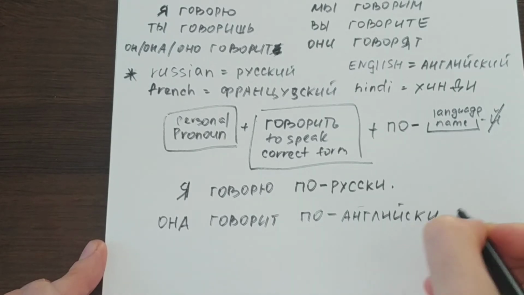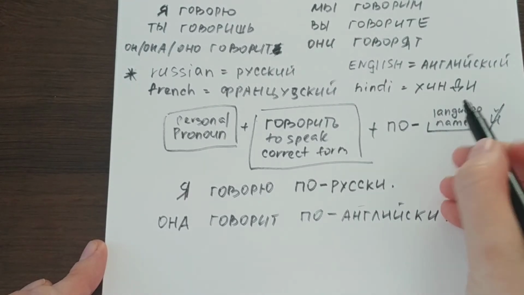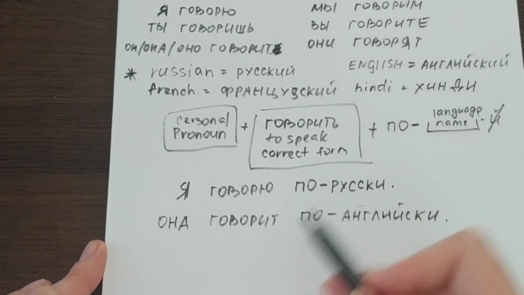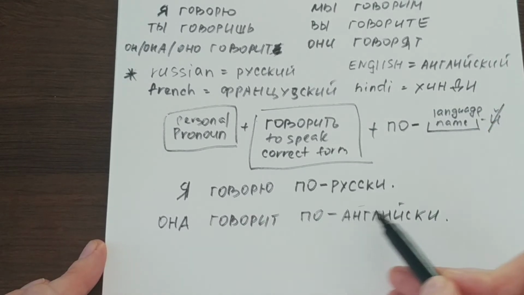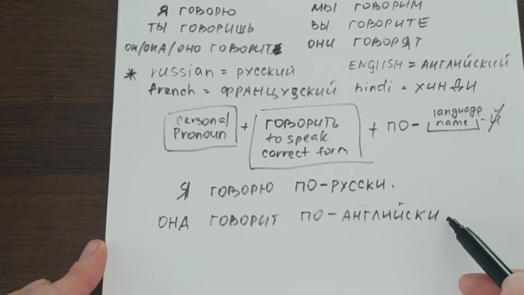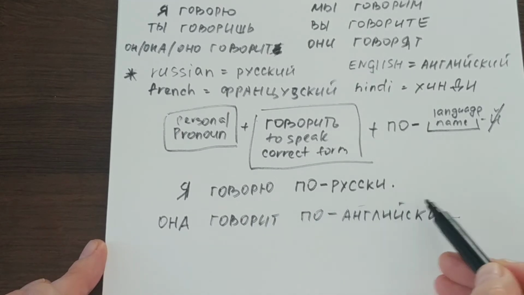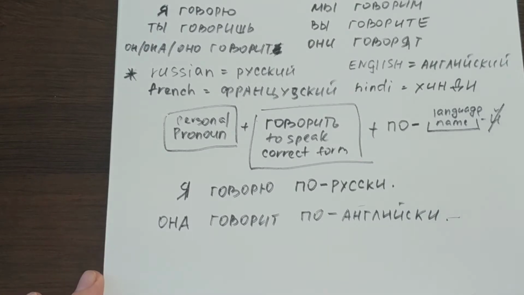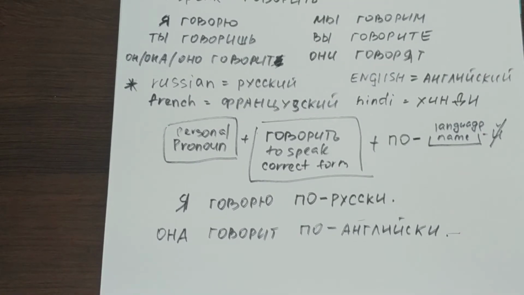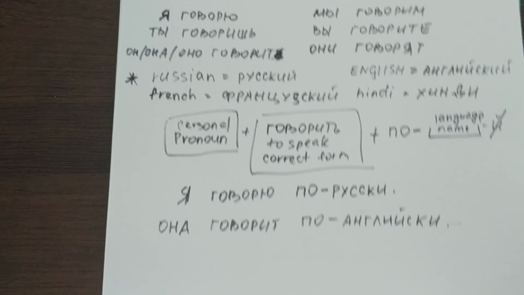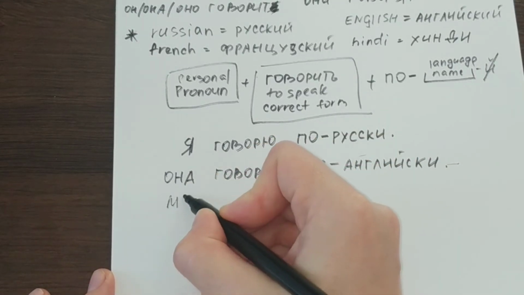So we are dropping the final E letter. So, она говорит по-английски. Она говорит по-английски.